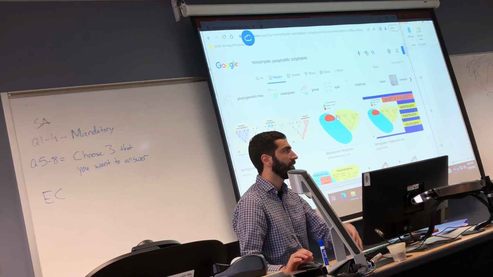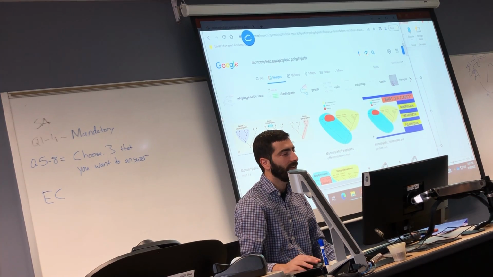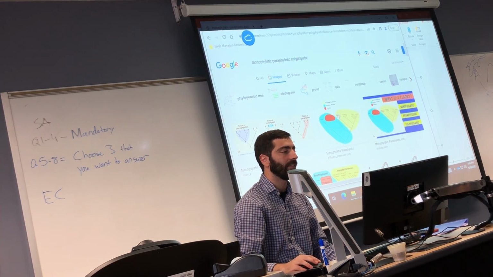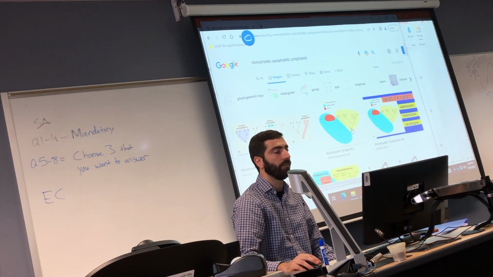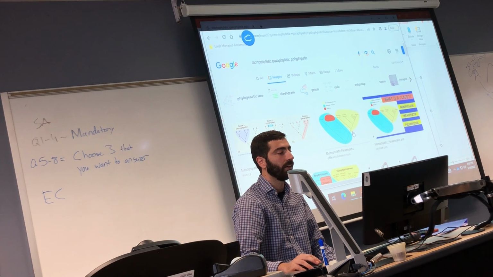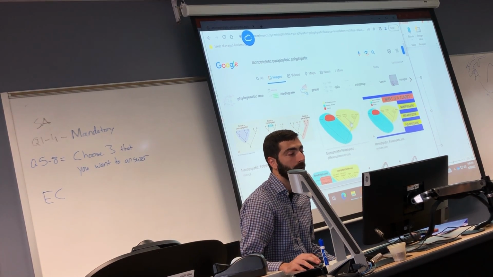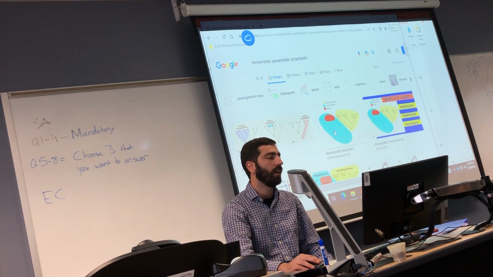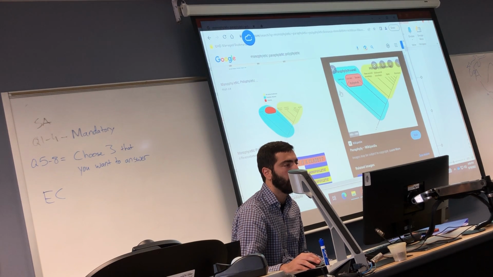Paraphyly is kind of snipping the branch that you've cut off, cutting off twigs that you don't like. And monophyly is taking everything from that point you cut along the tree of life. So if you cut here, it's everything downstream of it, all the leaves and twigs that stem from that point that you cut at.